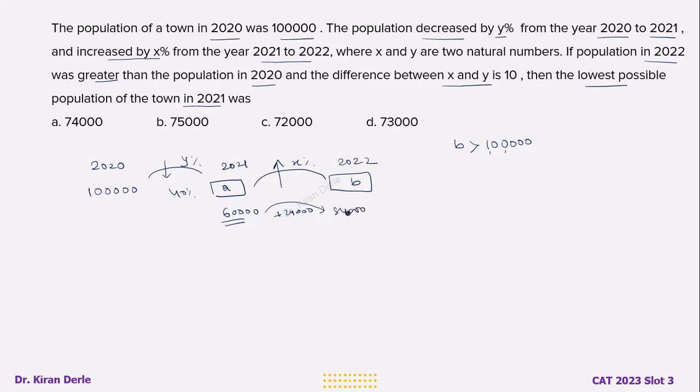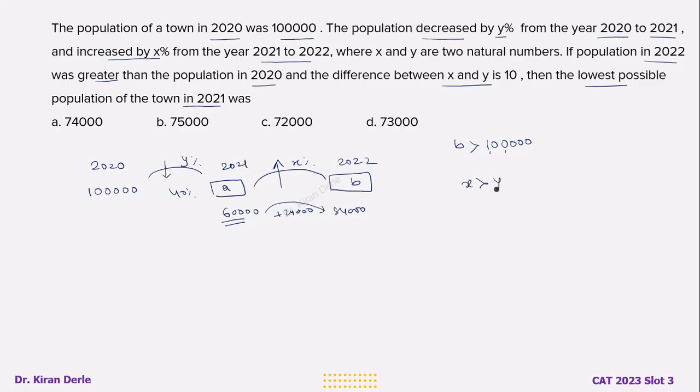Please try to understand, this is not greater than this. We want this value to be greater than this. So x, the percentage value, should be greater than this percentage value, right? Then only this final value will get increased. I hope you are understanding what I'm trying to say.